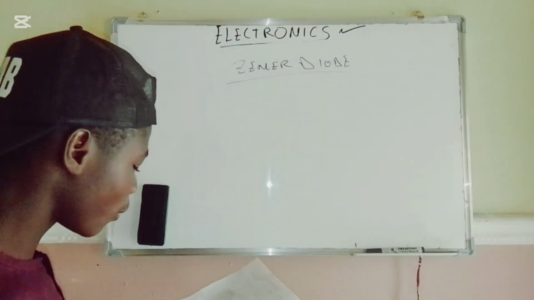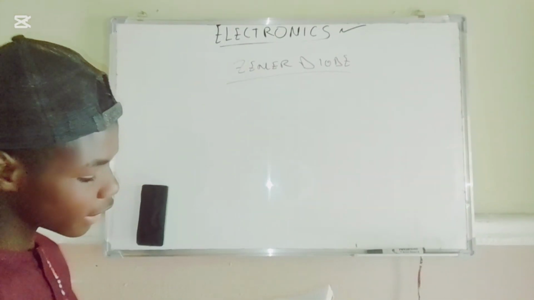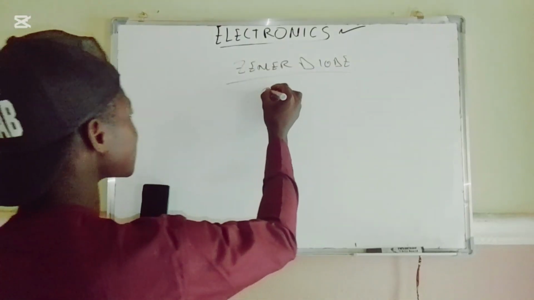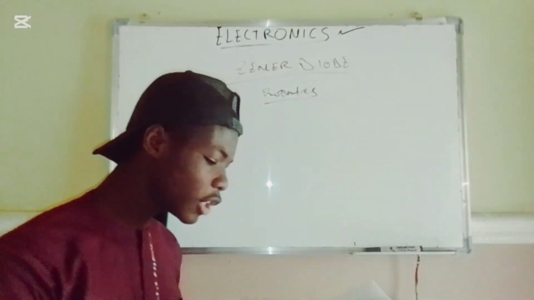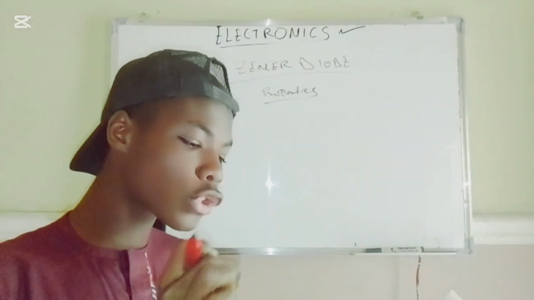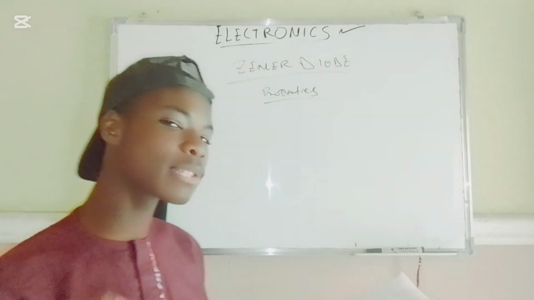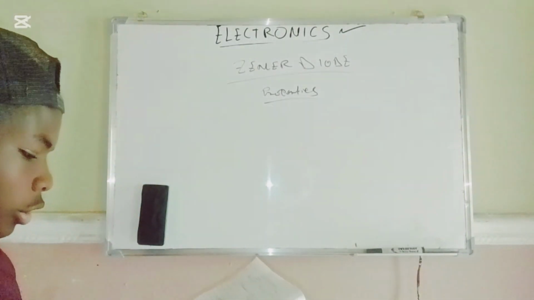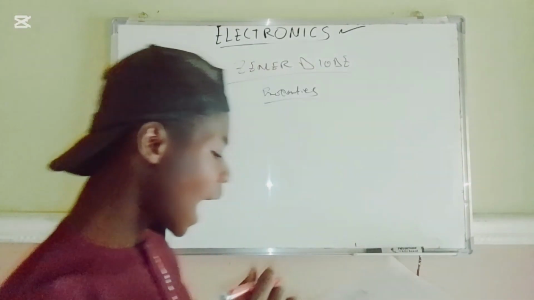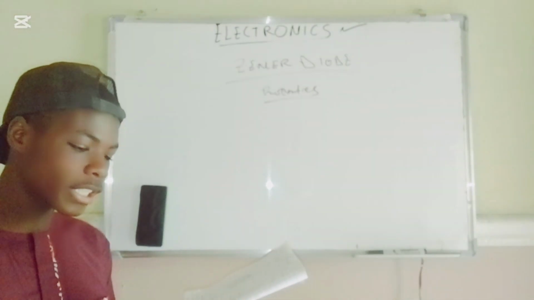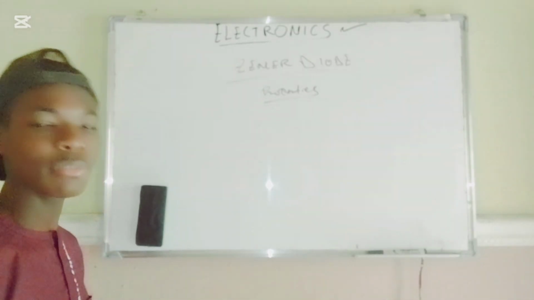So as you all know, a Zener diode is also a reverse device. So it has its own properties. The definition: a Zener diode is designed to operate in a reverse breakdown region.